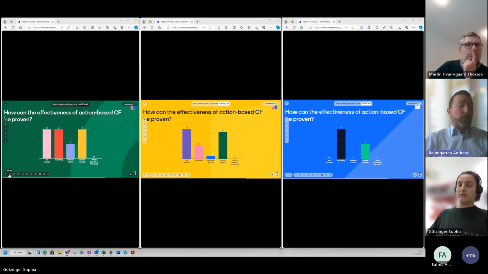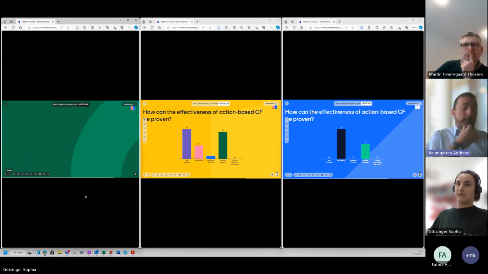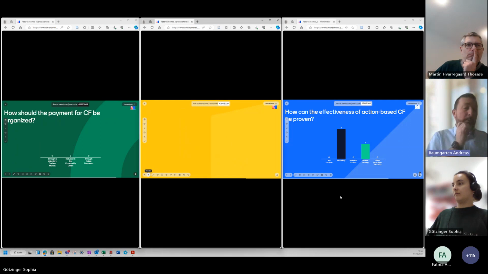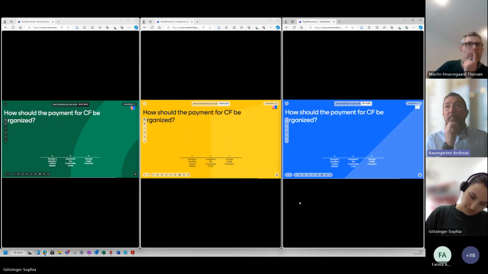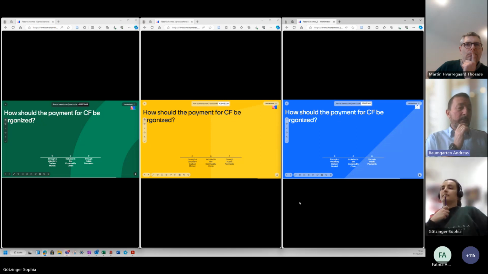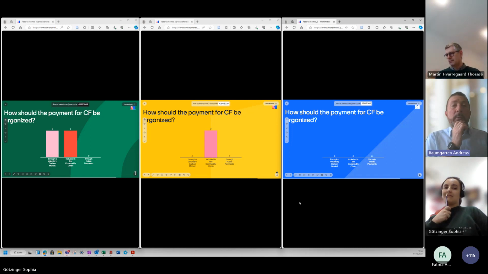Now the next question would be, how should the payment be organized for carbon farming? We had these 3 different approaches that have been presented by Martin already. On the one hand, the voluntary carbon market. Then we have the inclusion in the commodity chain, in the supply chain.